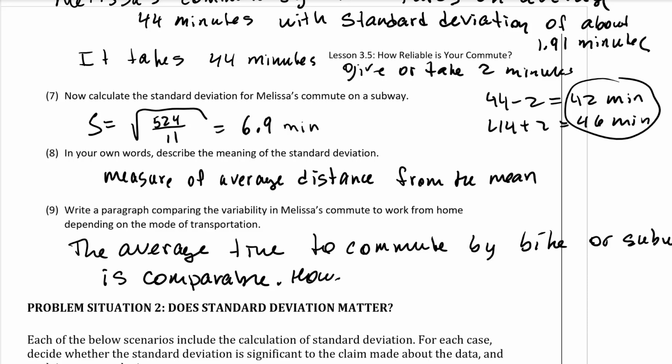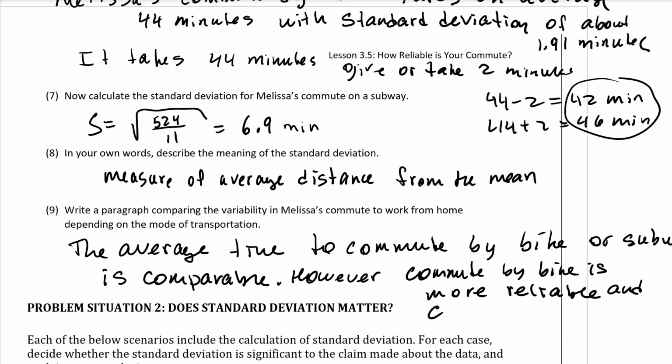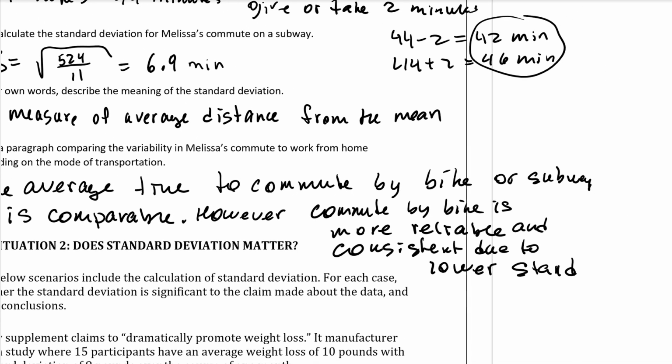However, the variability: the commute by bike is more reliable and consistent, due to the lower standard deviation.